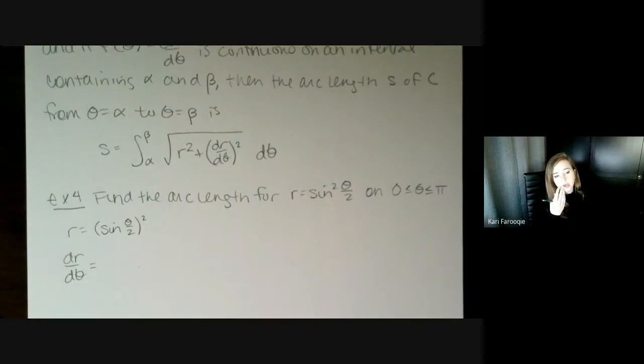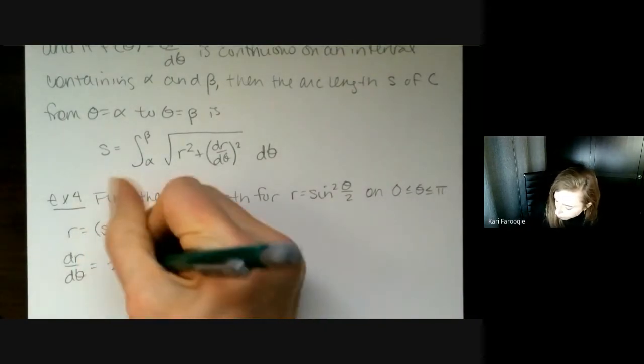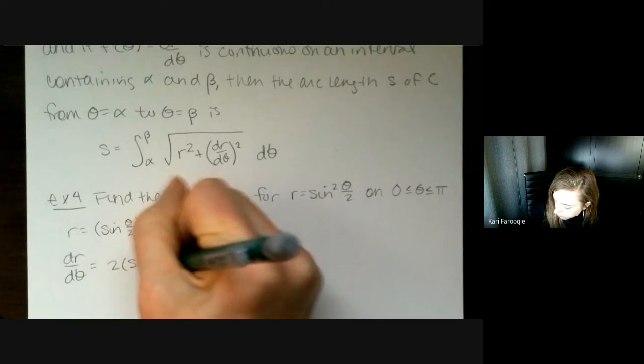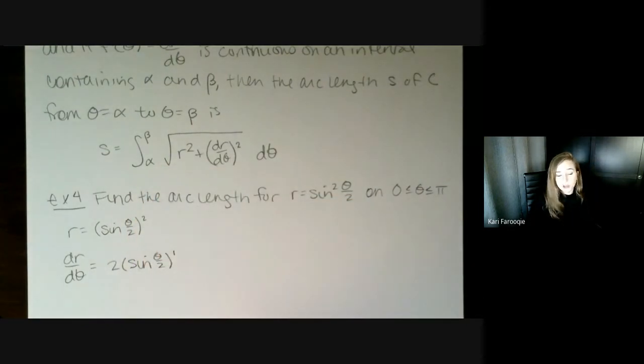So let's go ahead and use the chain rule to find dr d theta. So we're going to bring the 2 out front, rewrite the inside function, decrease the power by 1, and then we're going to multiply by the derivative of the inside function. Now, the inside function's derivative is also going to use the chain rule.